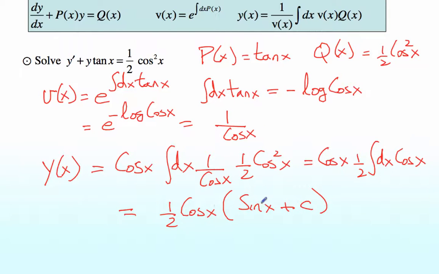So since cosine of x sine of x is half of sine 2x, you could write this a little better by writing this as 1/4 sine 2x plus half, or just write c times cosine of x. It doesn't matter whether you call this half c or c, because as it is, c is undetermined unless one gets some initial conditions. So this is the general solution to this equation.